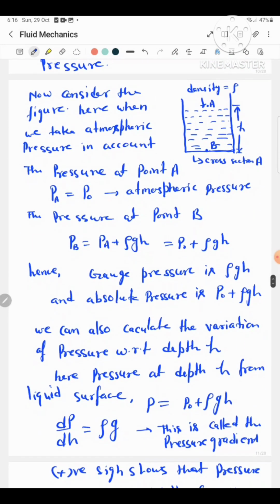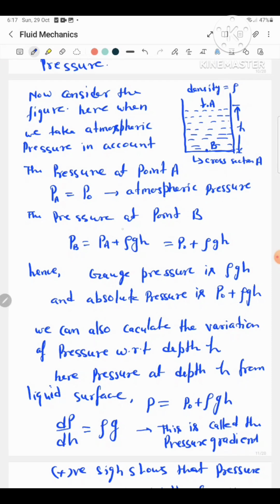Here we can understand this concept. Suppose this container has cross-section area A, filled with liquid of density rho up to height h. There are two points, A and B. Now consider the figure. The pressure at point A, Pa, is equal to P naught, as it is in direct contact with the atmosphere.